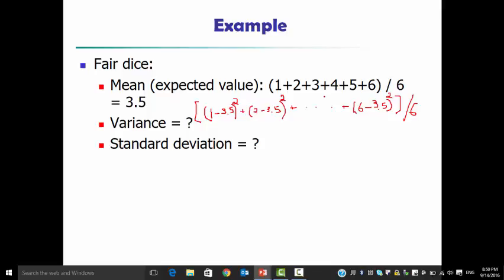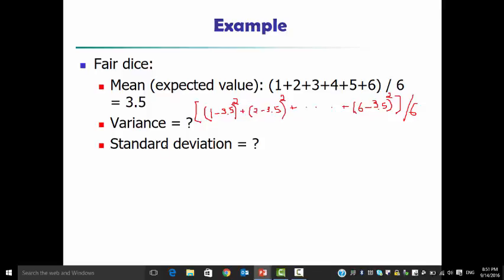Therefore, if it is a big difference, then you have a bigger number. If it is a smaller difference, then you will have a smaller number. It doesn't matter that it's squared, but at least it can tell us how much they differ. Right? That is the variance.